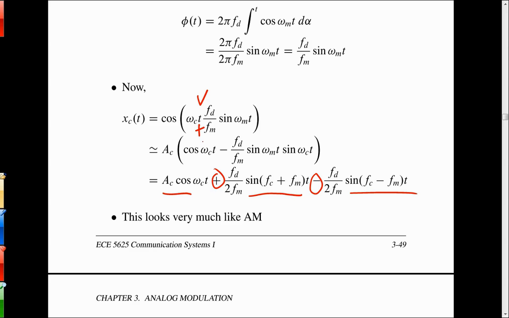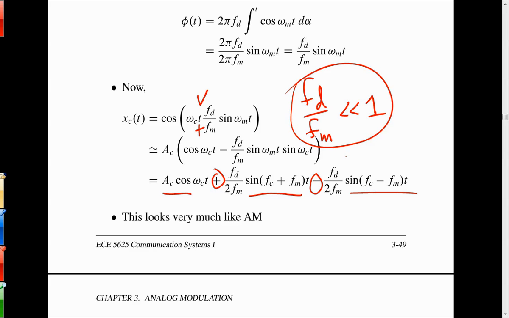And then I'm saying that FD over FM is much less than 1 in this case. If I went through the standard trig expansion of that, if this is true and you have the cosine of an argument much less than 1, that's approximately 1, right?